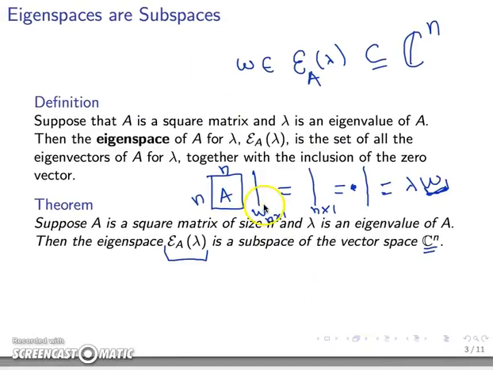So we have discussed the definition of an eigenspace being a vector space of Cn, and we reviewed why this set of eigenvectors indeed satisfies the properties required to be a subspace, inheriting the standard operations of addition and scalar multiplication defined on Cn.